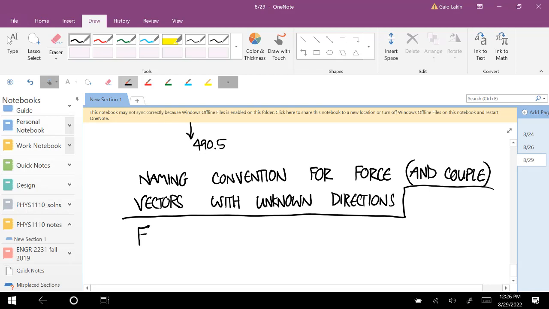So if you see force F with two subscripts, what this means is the force on body A applied by body B.